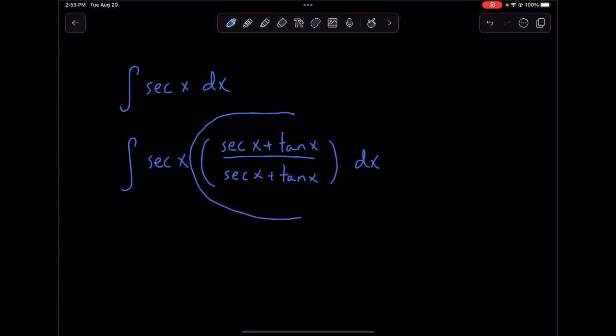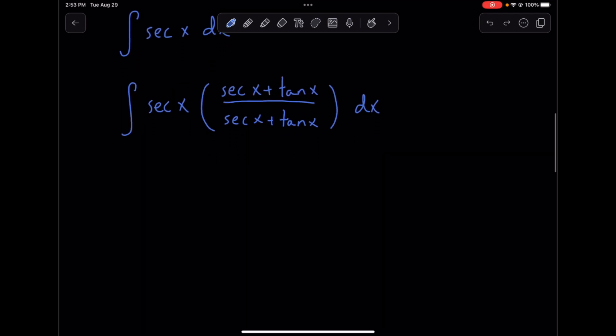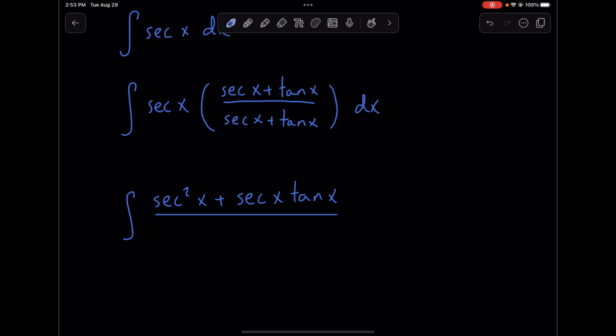This is essentially just 1, but the reason we're adding this in is to make the computations a little bit easier. Now we're going to distribute the secant x. So that becomes secant squared x plus secant x tangent x. The denominator stays the same.